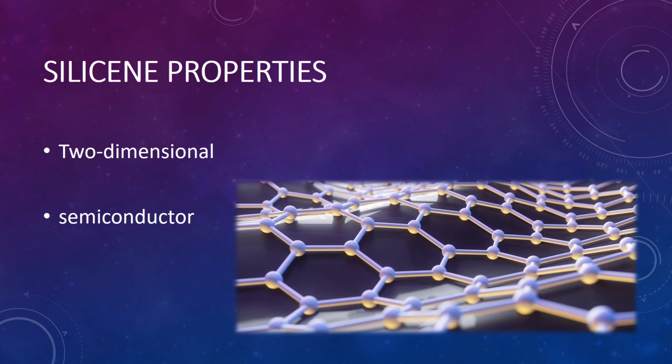As silicene is composed of silicon, it's compatible with present semiconductor manufacturing techniques. Its edges do not show oxygen reactivity, which suggests it will be stable enough to use in electronics.